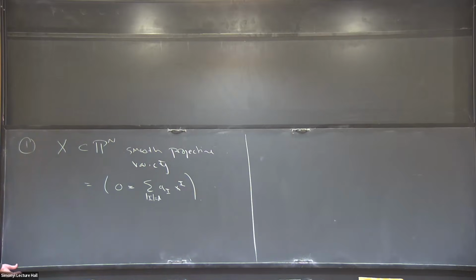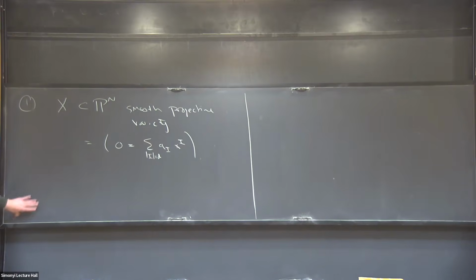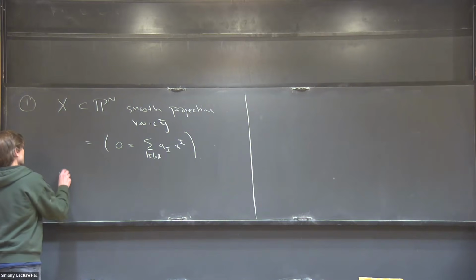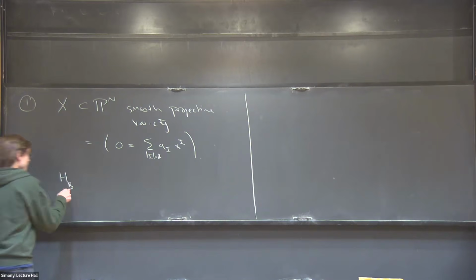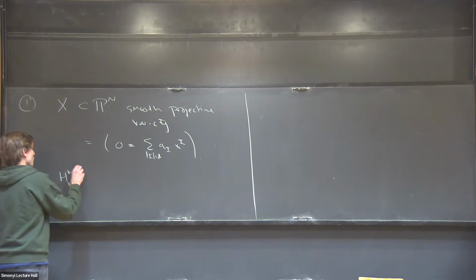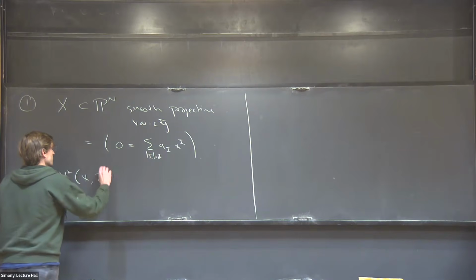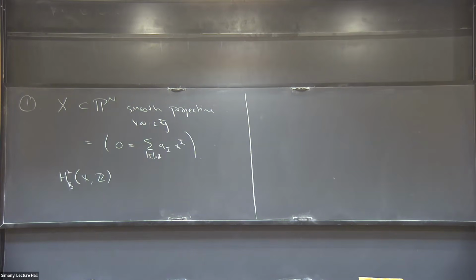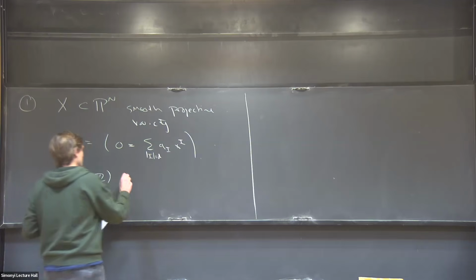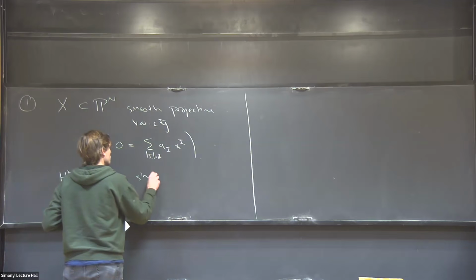Now we can consider X as a complex manifold, and we can consider the underlying topological space, and we can compute the singular cohomology. So we take singular cohomology, I'll say B for Betti, so the singular cohomology of X with Z coefficients.